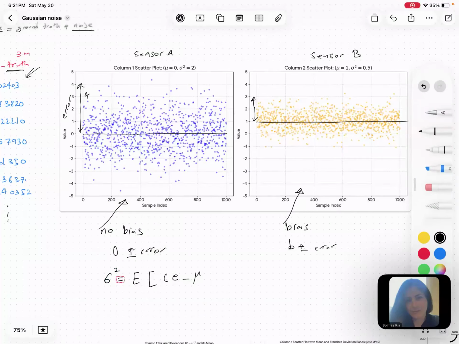So mu is the average value of these error points that we generated. Squared. So it looks at the value of the error squared and takes the average of this value, and this becomes your variance. We also sometimes use sigma naught, which is the standard deviation.